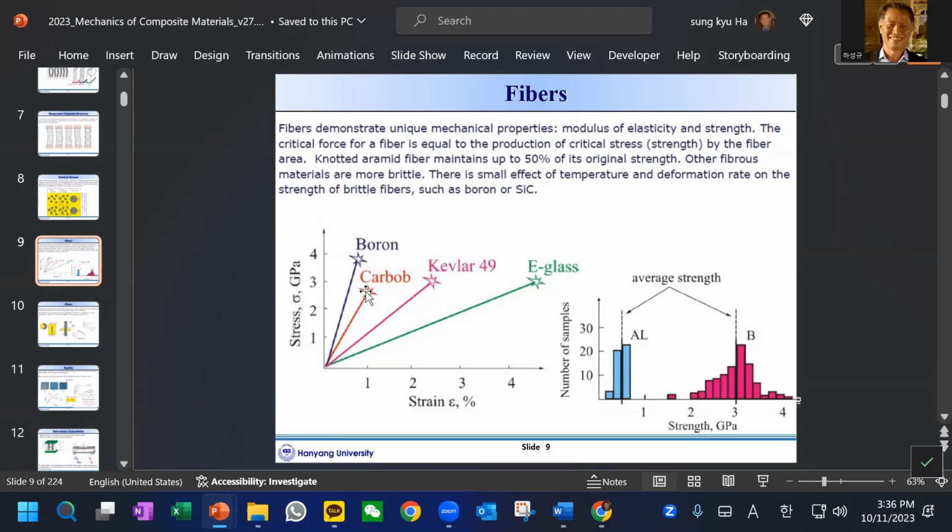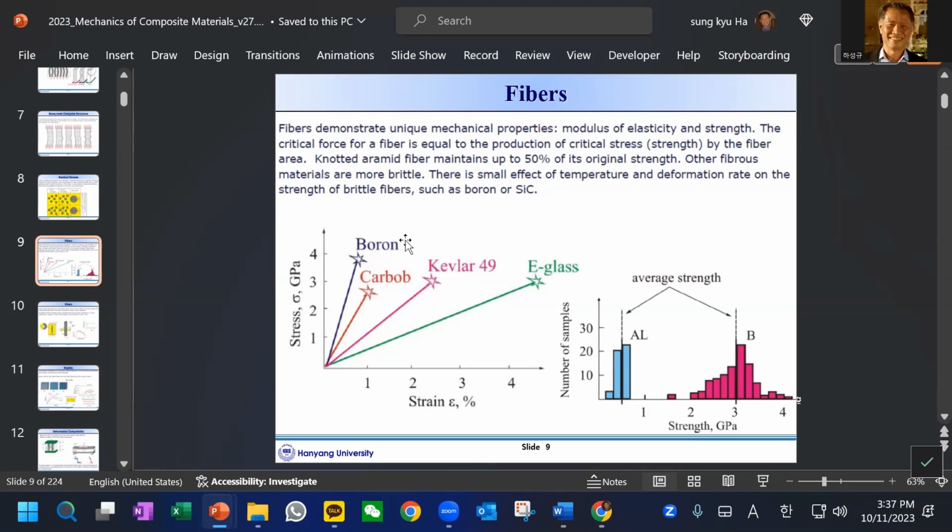Usually the carbon is a little stronger, reaching 4,000 or even 5,000. So this figure is not quite correct. The carbon can reach this much. 4 giga means 4,000, and sometimes 5,000, or it could reach 6,000 as well.